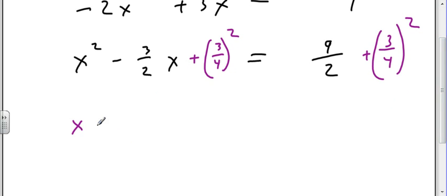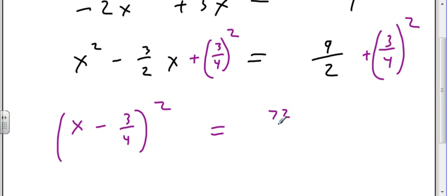And this becomes x minus 3 over 4 squared is equal to, it's going to be a 16, right? So what's 8 times 9? 72. 72 over 16 plus, is that really a plus sign? Yeah, it is, because it is plus 9 over 16. Oh, that's convenient. 81 over 16.